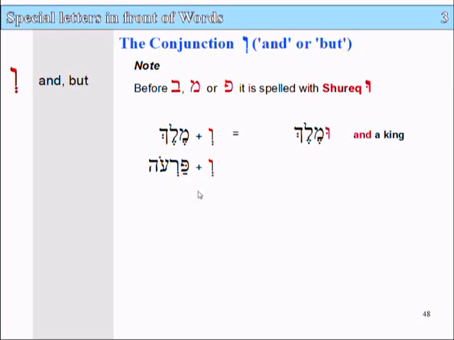Paro, Pharaoh, and we add the vav to it, becomes u-Faro, and Pharaoh. But it's still the u sound because it's in front of a pay.